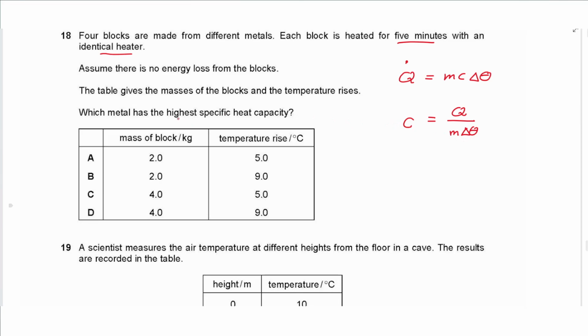So we need the highest specific heat capacity, so we need the lowest value for mass multiplied by change in temperature, which means we have to calculate the multiplication of all these values and see which one is the smallest. So 2 multiplied by 5 is 10. 2 multiplied by 9, that's 18, 4 multiplied by 5, that's 20, and 4 multiplied by 9, that's 36. So the lowest value for mass multiplied by change in temperature is A.